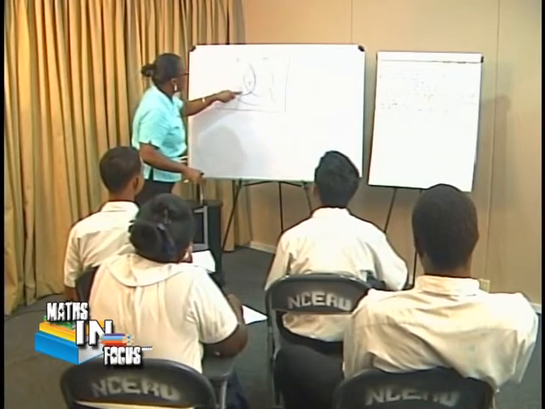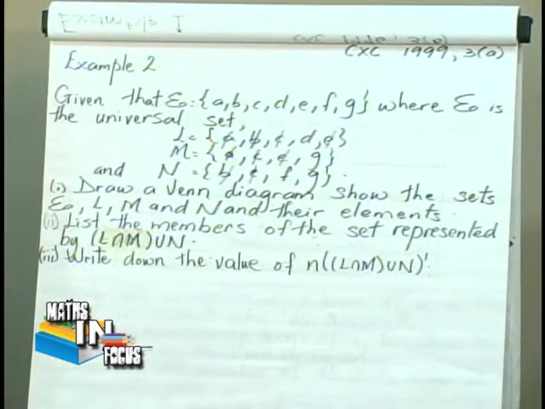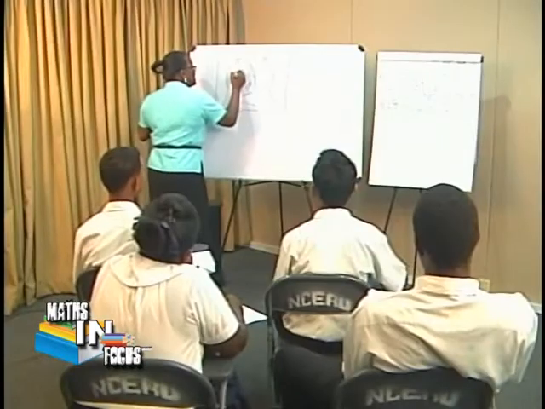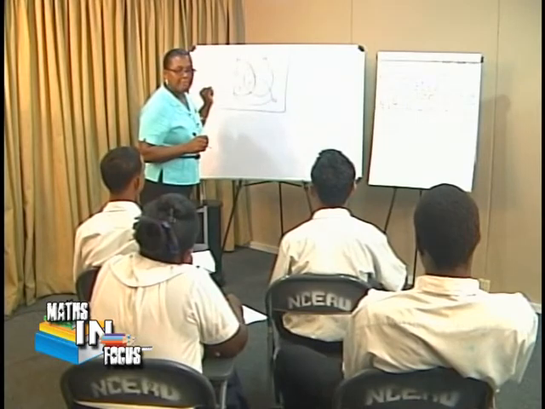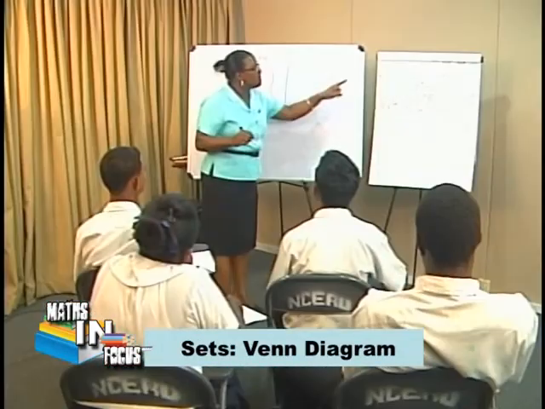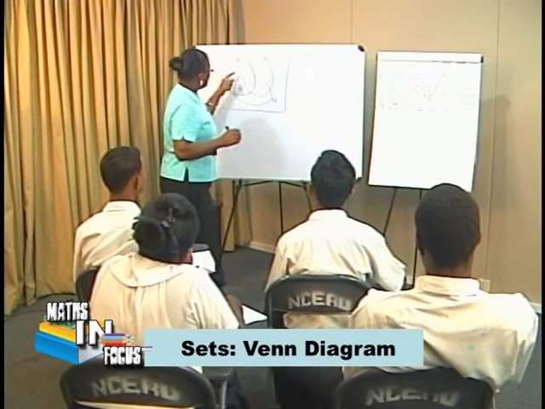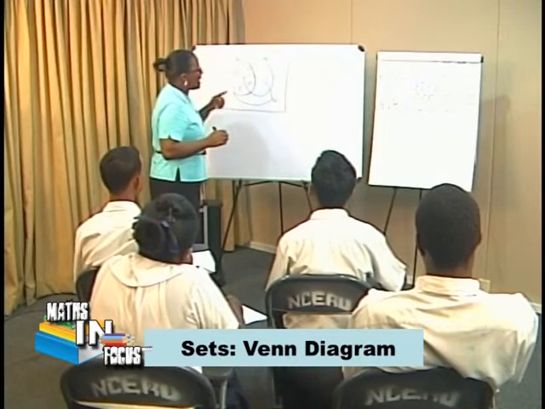We have 1, 2, 3, 4. So what element should be in L only? D. So there completes my subset L. But when I look at my universal set, which are the letters from A to G, I don't see them all reflected here. So we're going to have to keep on going.